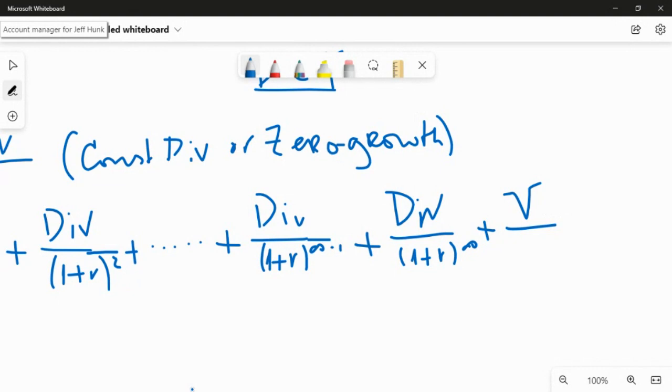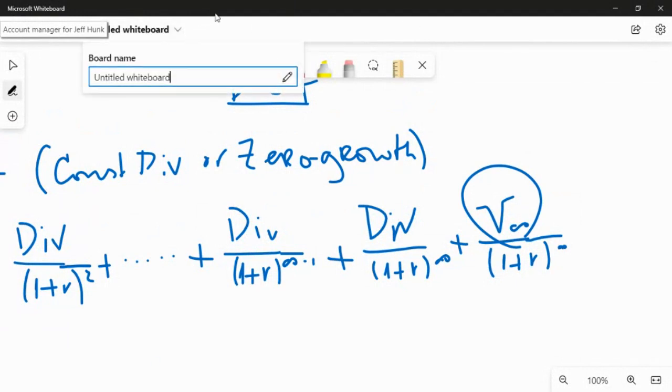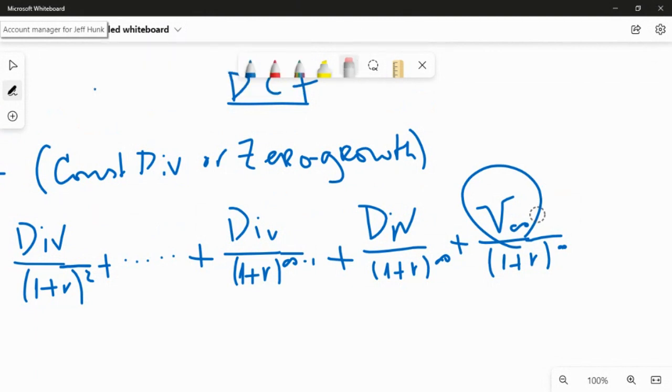And the interesting thing is, no matter what the price may be, it will still be a finite number.